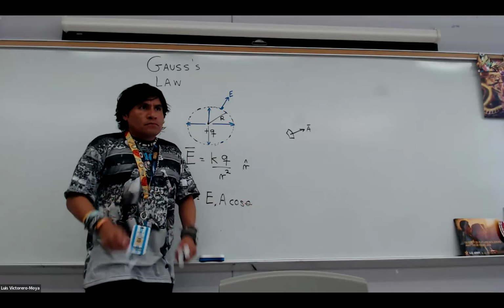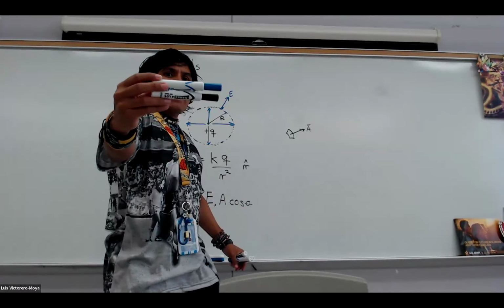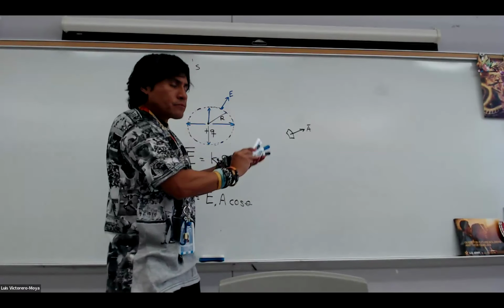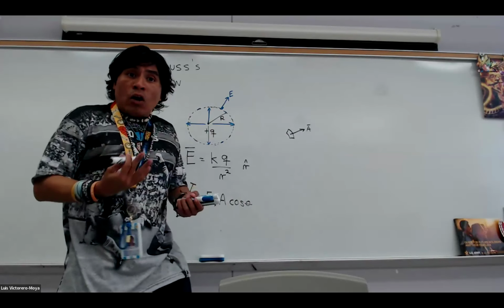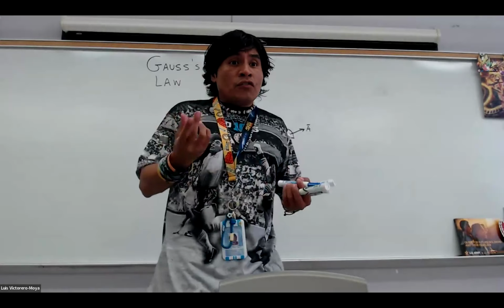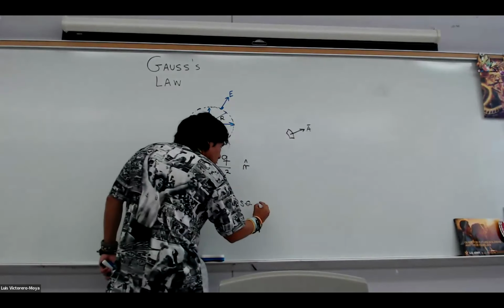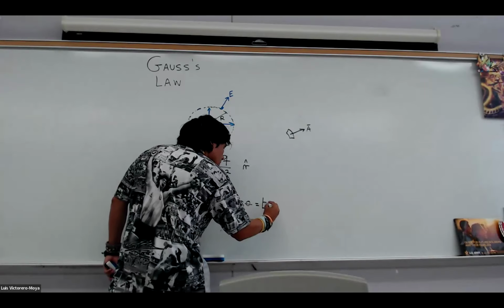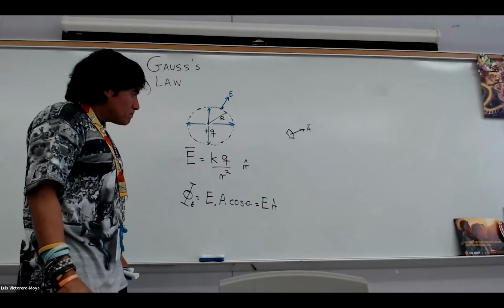The cosine of what angle? The area vector and the electric field, which you can see are parallel. The angle is 0 degrees. The cosine of 0 is 1. So this is basically E times area.